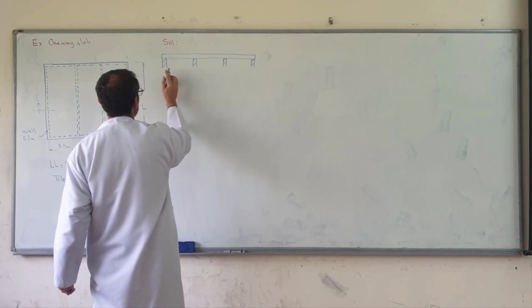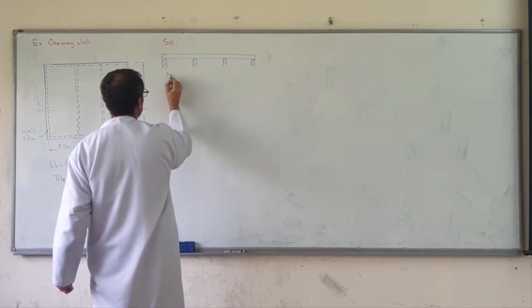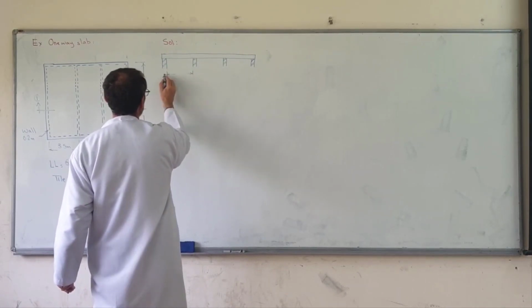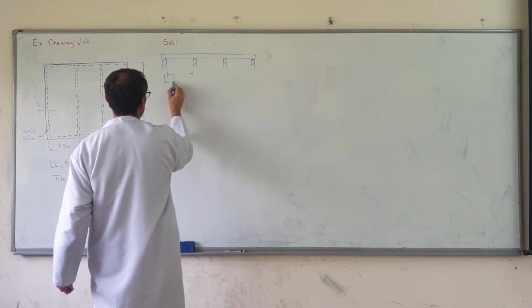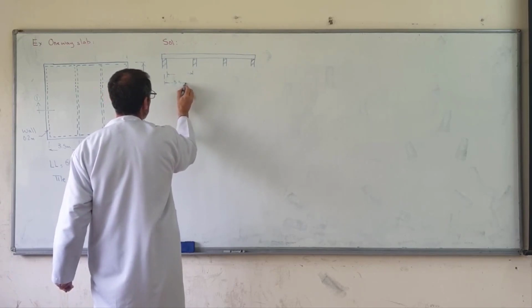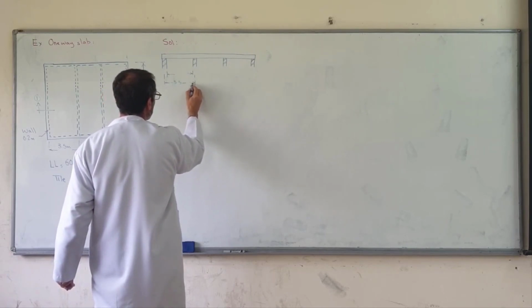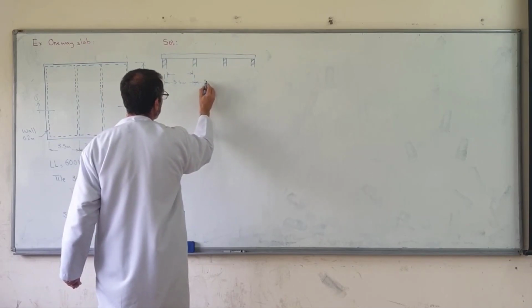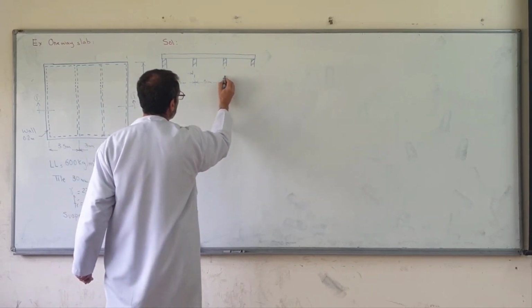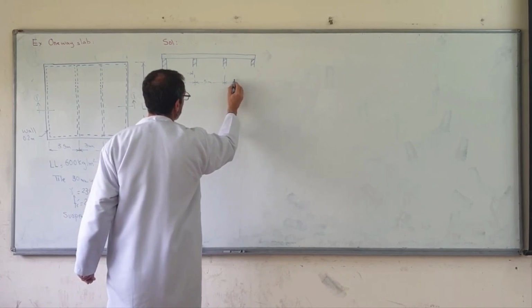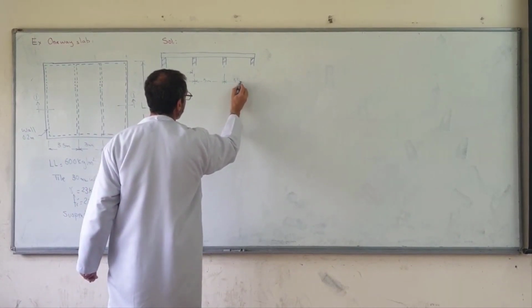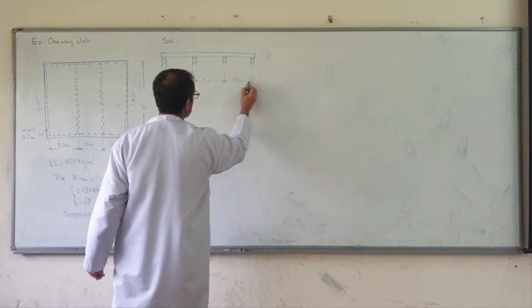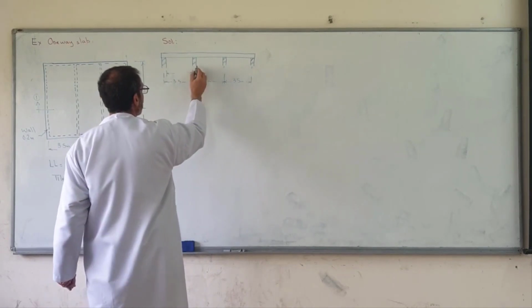The clear span. Center to center is given. Center to center, this is 3.5 meters. Here is equal to 3 meters. The other span is equal to 3.5 meters. Clear equals center to center minus the wall thickness.